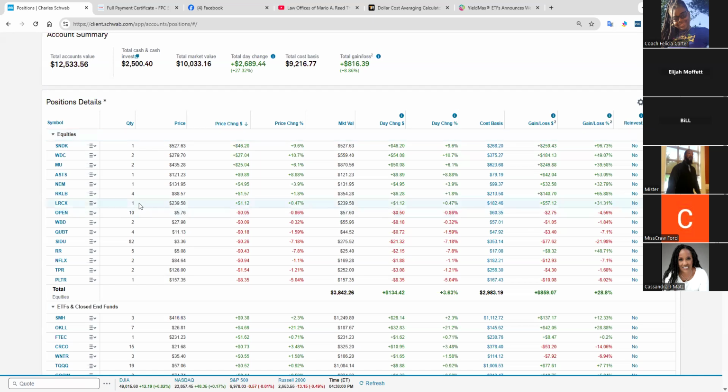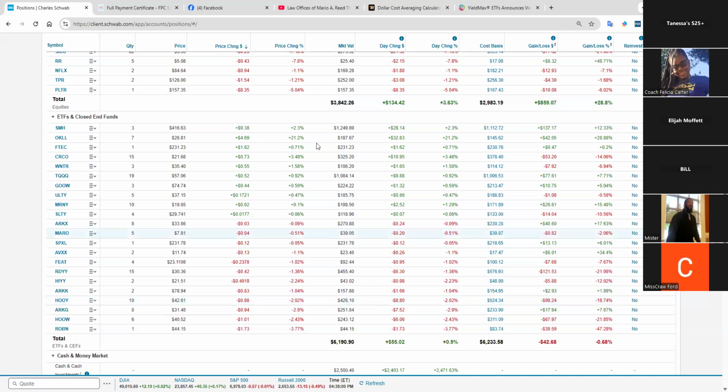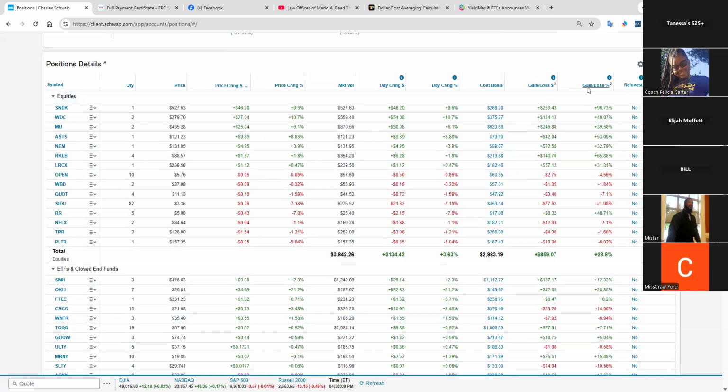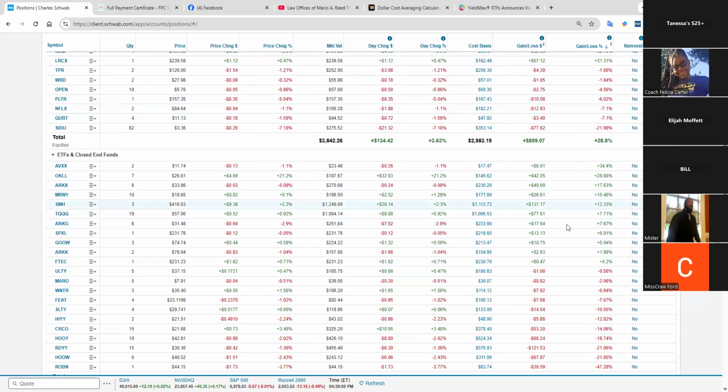All right, so we're going to take 1250. Now I'm going to take half of the 1250 and use that to purchase the dividend paying ETFs, but specifically MRNY. The reason I'm going to get MRNY with half of my 1250, which is 625, is because when you look at the gains and losses, MRNY has actually appreciated by 15.48% since the beginning of the year.